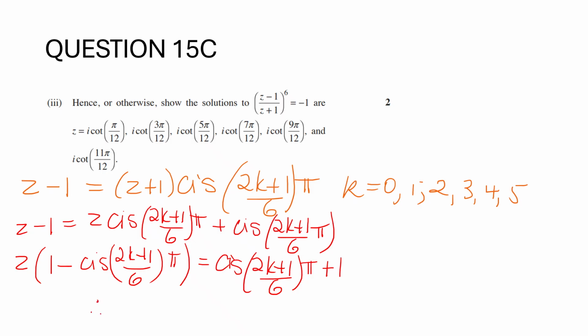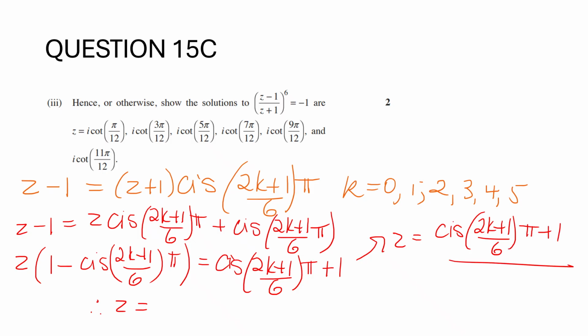Therefore, z is equal to, I'm not sure if I can fit this in, let's go over here. z equals cis (2k plus 1) on 6 pi plus 1, all over 1 minus cis (2k plus 1) on 6 pi.